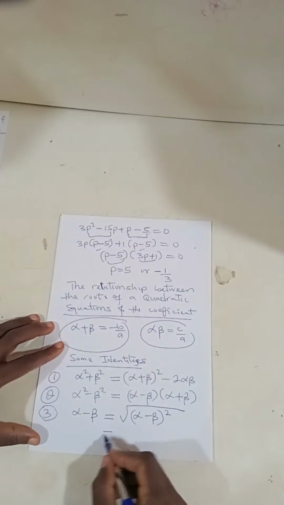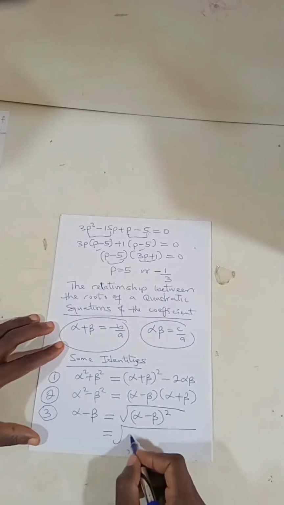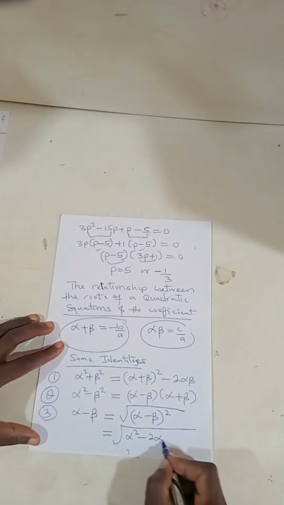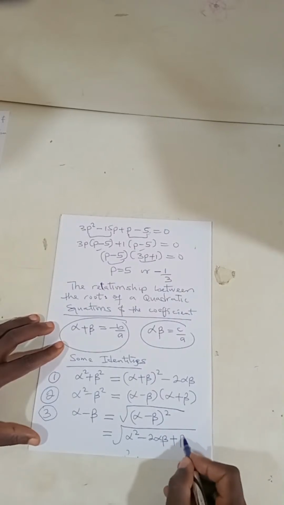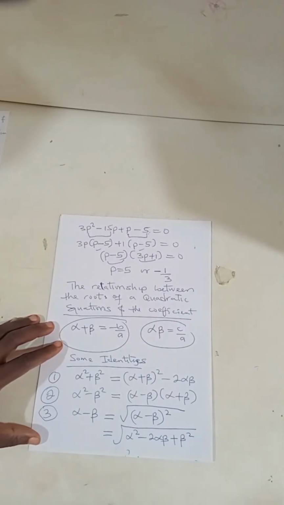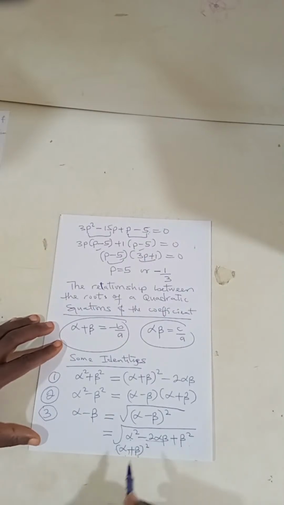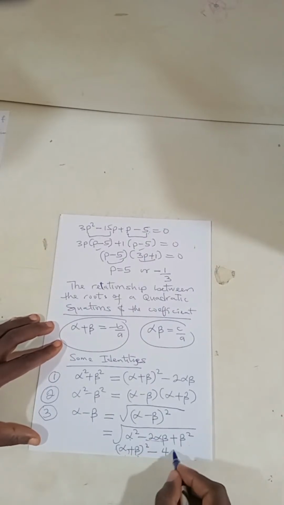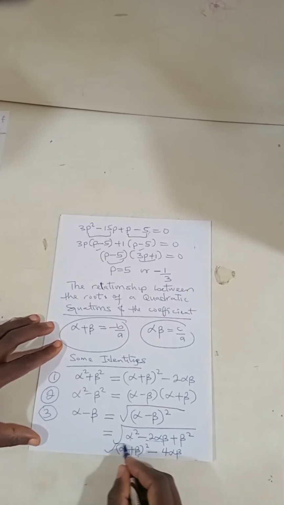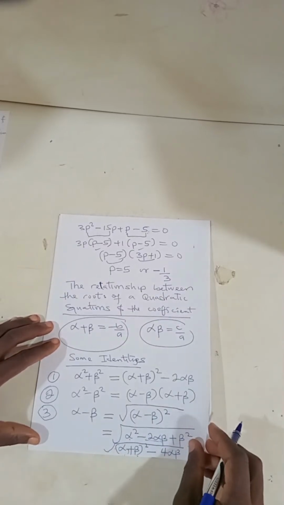And if you expand what we have inside the square root, it's going to be alpha square minus 2 alpha beta plus beta square. And this alpha square plus beta square will give you alpha plus beta square minus 2 alpha beta, and with this minus 2 alpha beta, that's minus 4 alpha beta. And don't forget your square root in that place. That's the third identity.